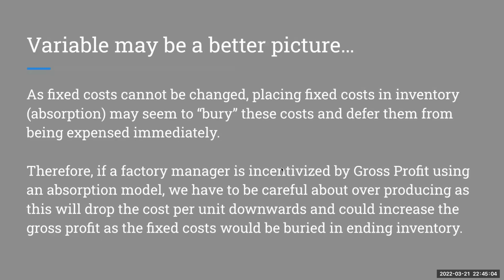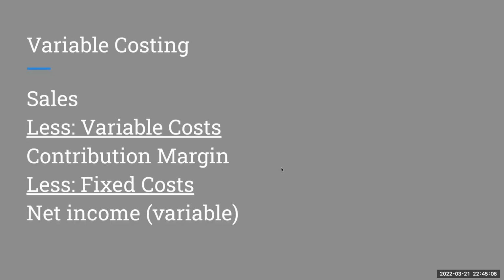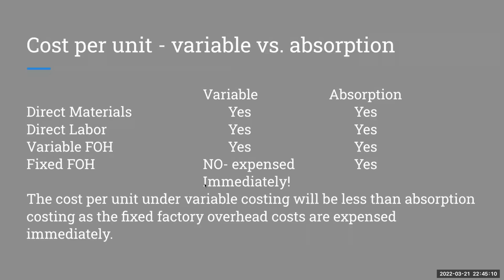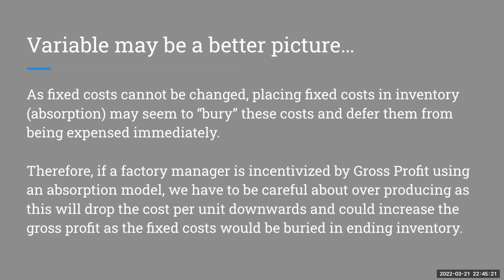Under variable costing, just remember, it's being expensed immediately. Whether net income is higher or lower is all going to depend on whether we have a beginning or an ending inventory.